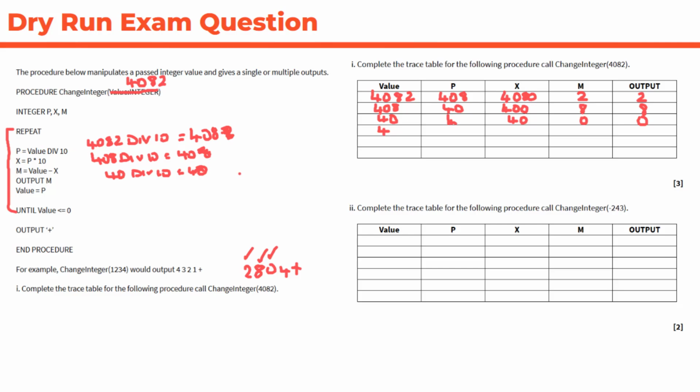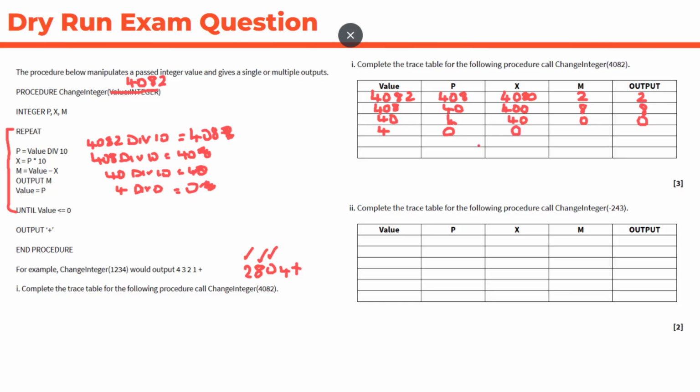P equals value. Value is 4 divided by 10. That gives us 0.4. Scratch. That means P is 0. What is 0 times 10? Well, you and I both know that's 0.